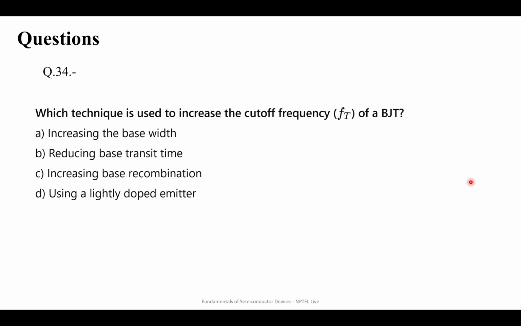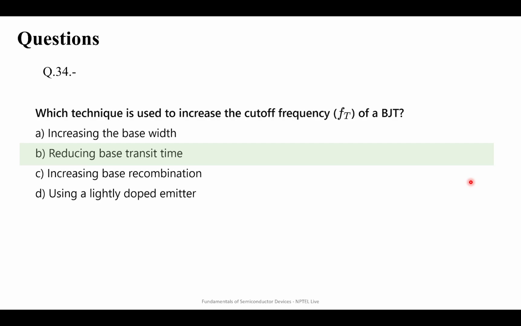Which technique is used to increase the cutoff frequency of a BJT? Increasing the base width, reducing base transit time, increasing base recombination, using a lightly doped emitter. That is correct, the answer would be B, reducing base transit time.